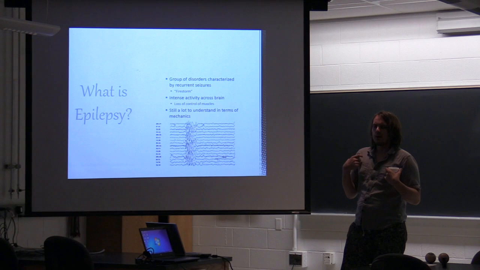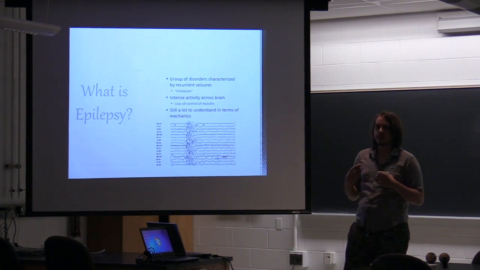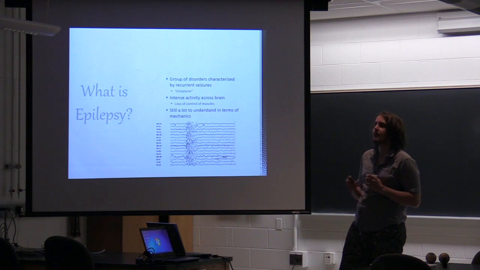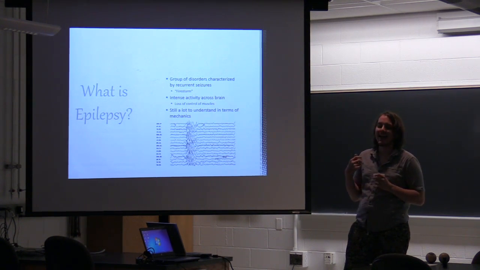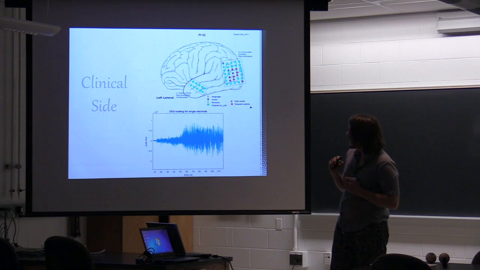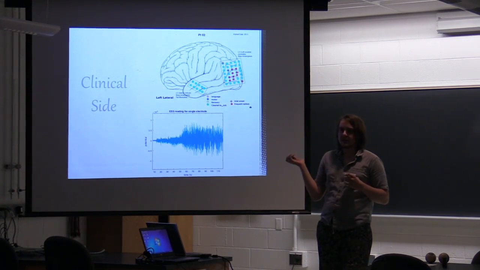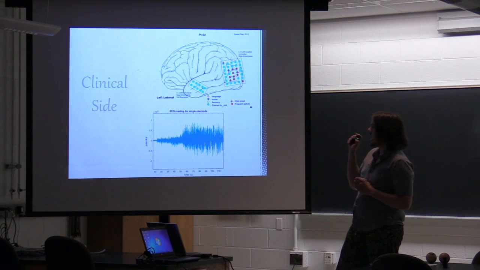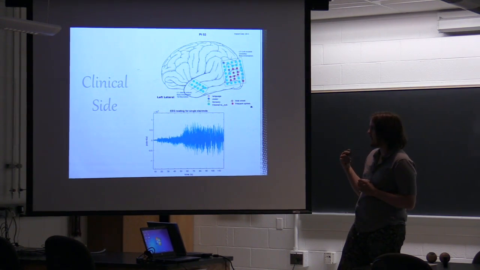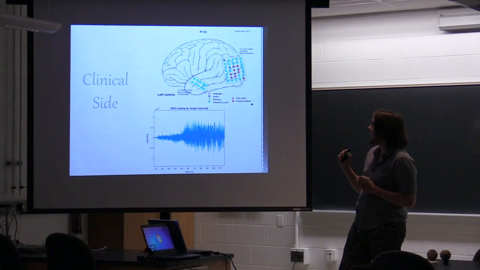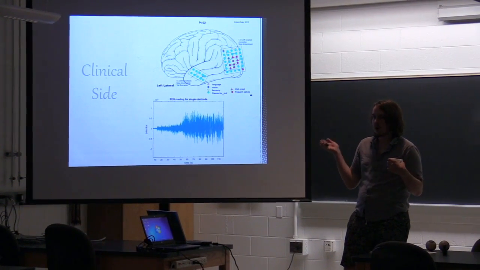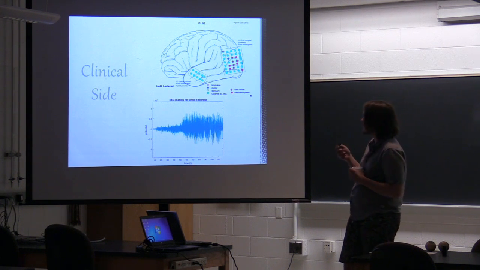We understand a lot about what these seizures are, but we still have a ways to go with understanding why they come up and a lot more about the mechanics of how they work. So if you're a clinician, which I don't think any of you are, but if you were and a patient comes in with epilepsy, what you're looking at now is basically the cutting edge of what our current technology allows us.